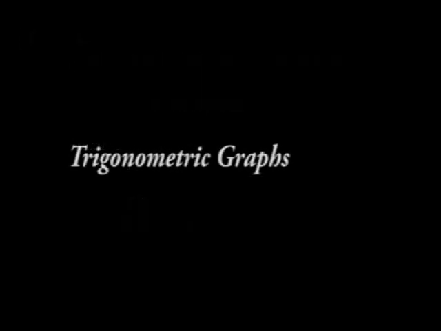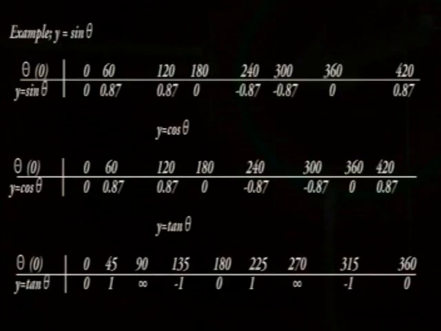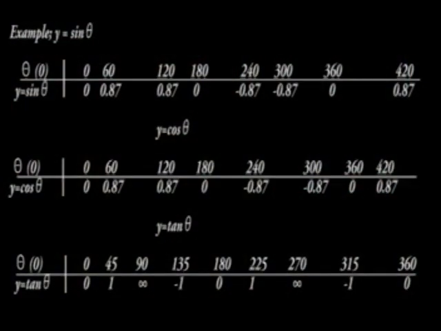Trigonometric graphs. Given the ratios y is equal to sin theta, y is equal to cos theta, and y is equal to tan theta, we can plot the graphs using the values of theta with the corresponding values of y. For example, y is equal to sin theta. We make a table of values for theta and y. The table of values will appear as shown below.